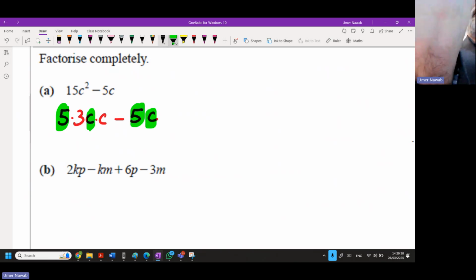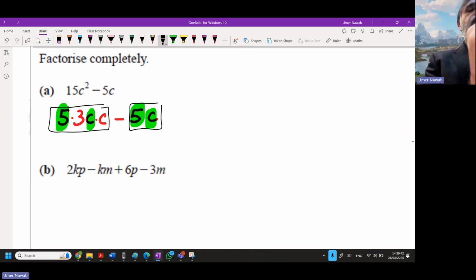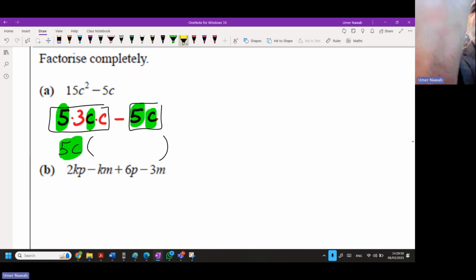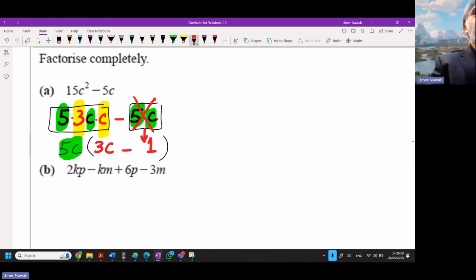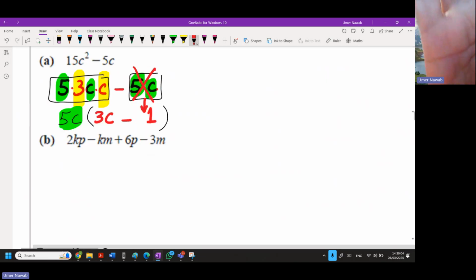So I can take 5c common from these two terms. The moment you take 5c common from the two terms, what will be left behind in the bracket? The things left behind in the bracket are 3 and c, and nothing is left in the second term. If nothing is left here, it should be replaced by 1. So my final answer is 5c, bracket opens, 3 minus c.